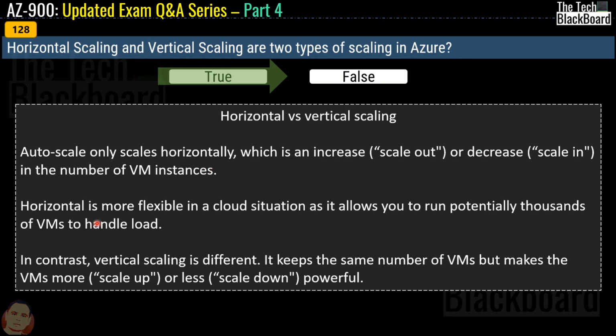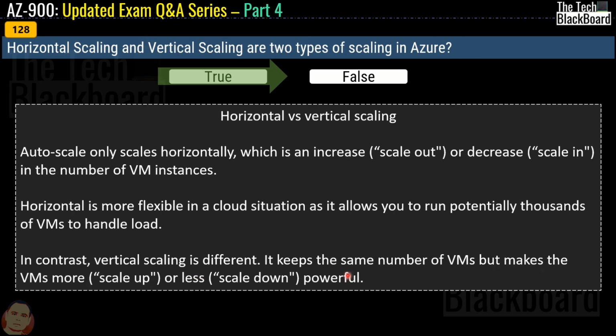So horizontal scaling is more flexible in cloud situation as it allows you to run potentially thousands of virtual machines to handle the load. On the other hand, the vertical scaling is different. It keeps the same number of virtual machine but makes the virtual machine more, also called scale up, or less, also called scale down, powerful.